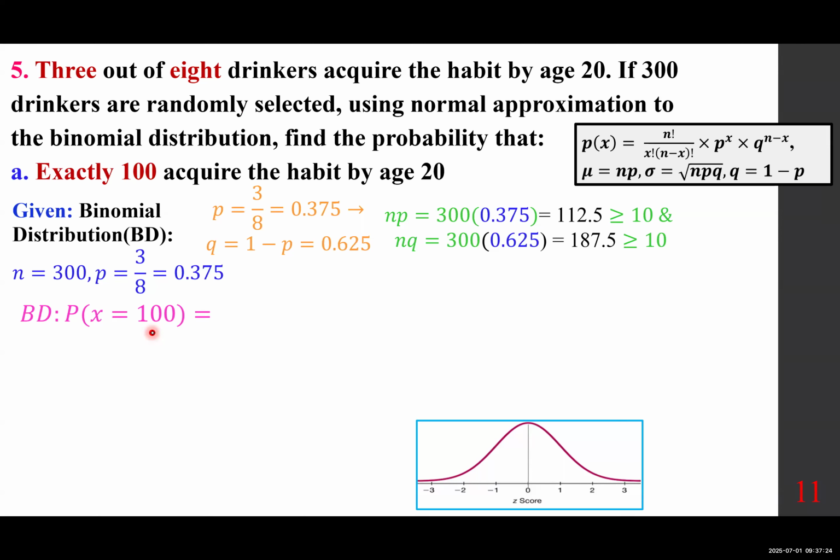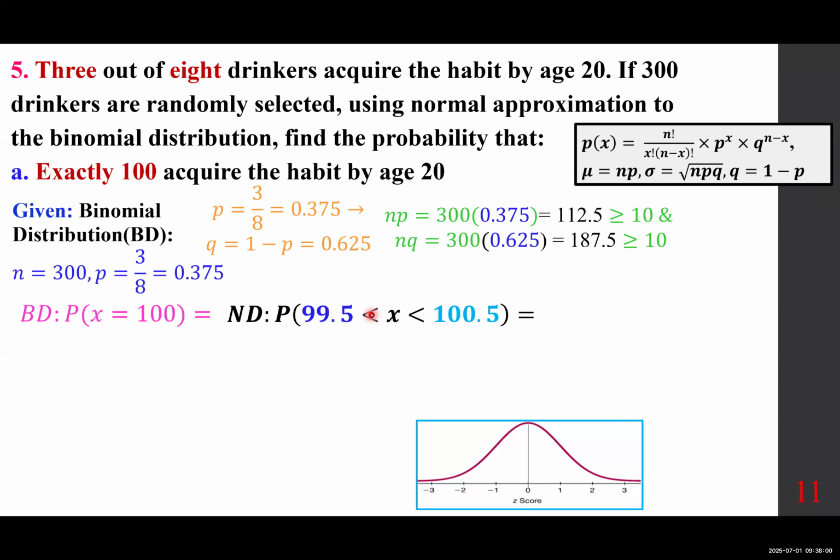Therefore, they make up an area by looking at this number and going a little bit to the left, a little bit to the right, and statisticians have decided that is 0.5. So they're going to put 100 between 99.5 and 100.5. It's called continuity correction factor, because you're going from a binomial, which is discrete, to normal, which is continuous. So this is normal distribution.